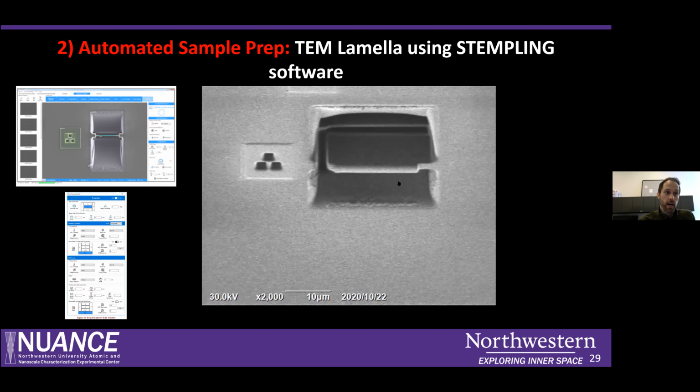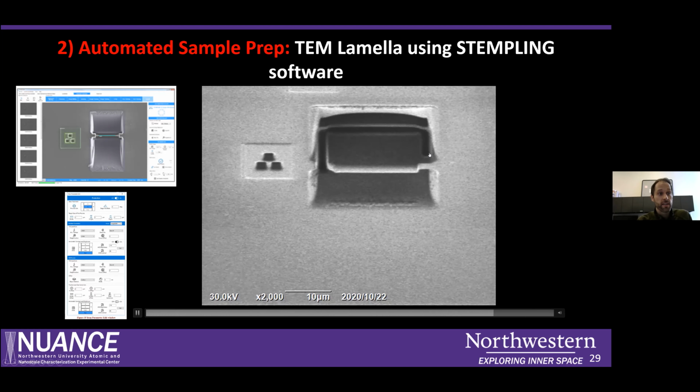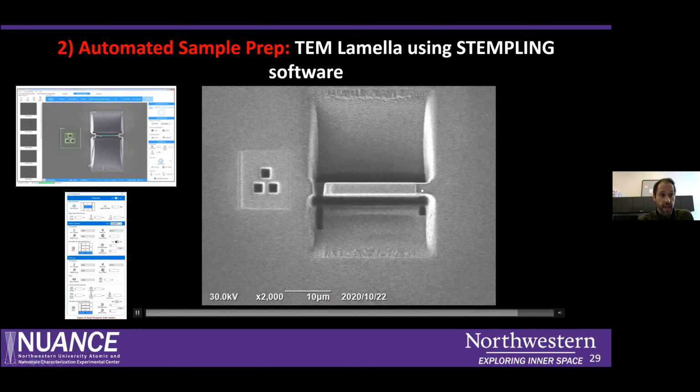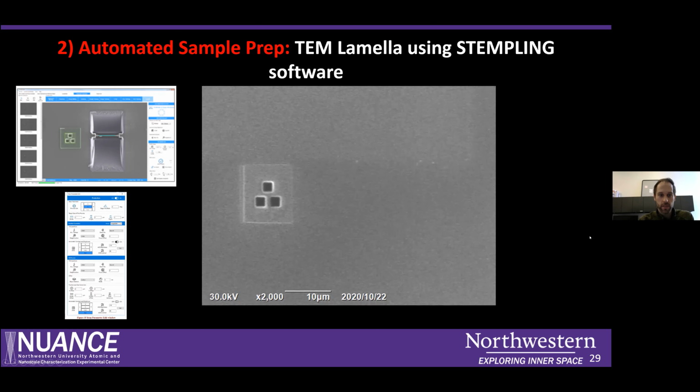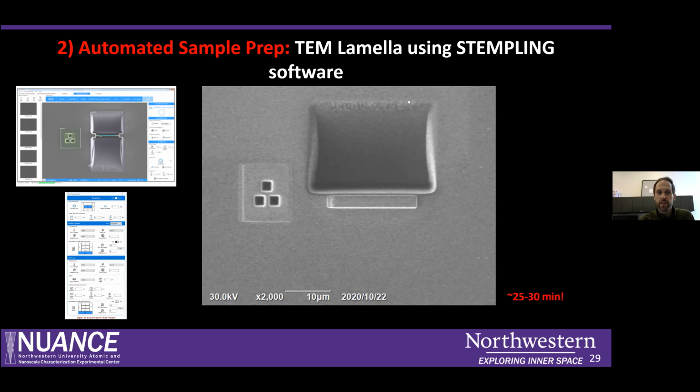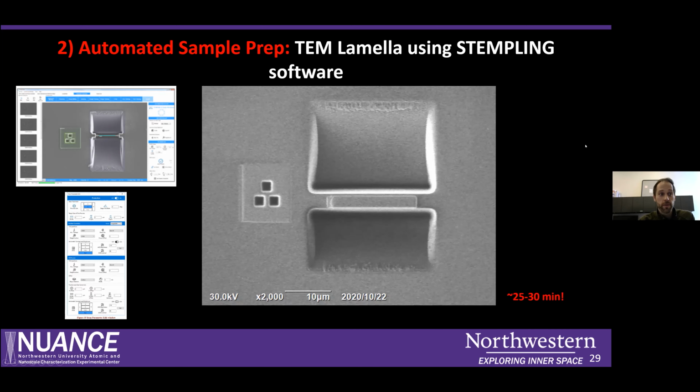We do a cut underneath, a cut to the side, another cut on the side, and leave it hanging on a very tiny amount of material, and clean it up. This pre-prep part now only takes about 25 to 30 minutes, significantly faster than if you would do everything manually.